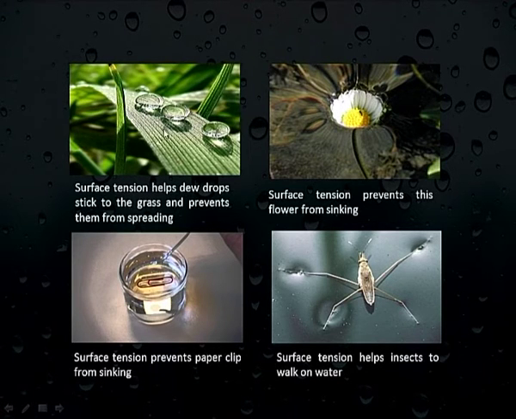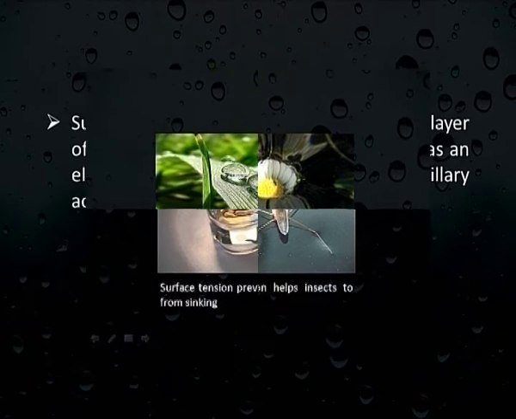So, it is the surface tension which prevents it from spreading. We also see that many flowers float on the surface of the water. We also see how a water strider is capable of walking on the surface of the water and a paper clip does not sink. So, it is the surface tension which plays a very important role behind all these observations.